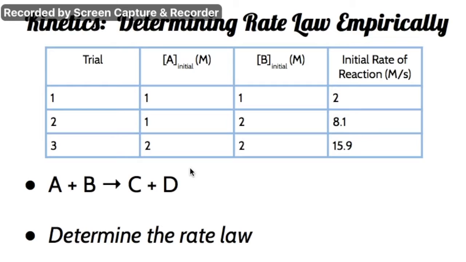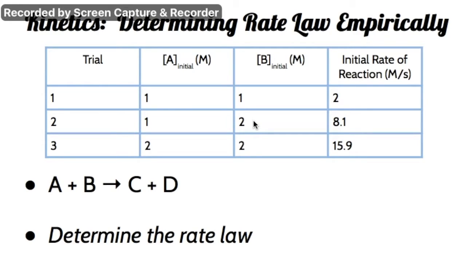Now, let's analyze this experimental data here. We have several different trials, and for each trial, the concentration of one of the reactants was changed. So if we look at trial 1 and trial 2, the concentration of A stayed constant, and the concentration of B is doubled.